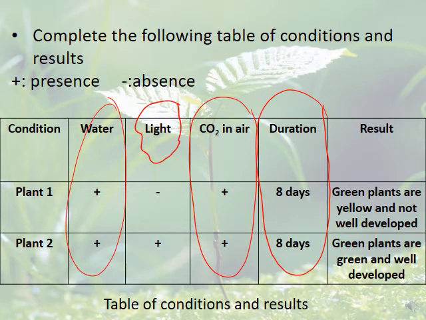Plant 1 has no light, so it's placed in darkness, and in plant 2 the light is present. So the results: the green plants grow yellow in color and not well developed in the absence of light, whereas they grow normally, green and well developed, in the presence of light.